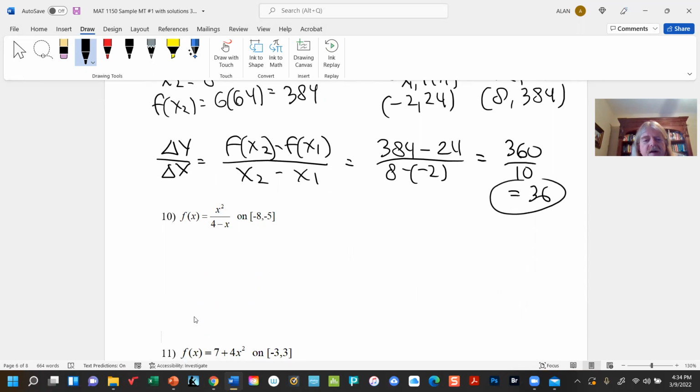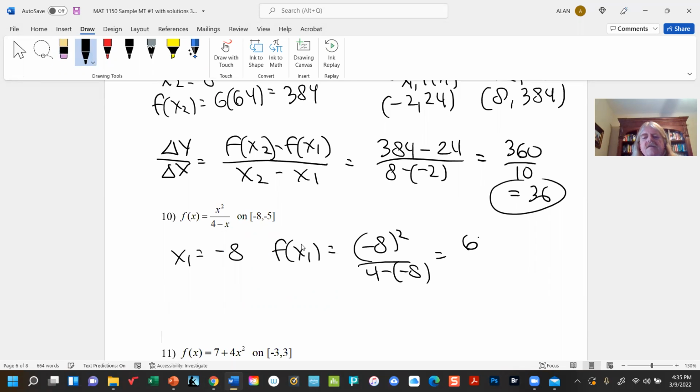So let's see what we have here. F of x1, or sorry, x1 is that first term there. F of x1 would be -8 squared over 4 minus 8, 64 over 12.